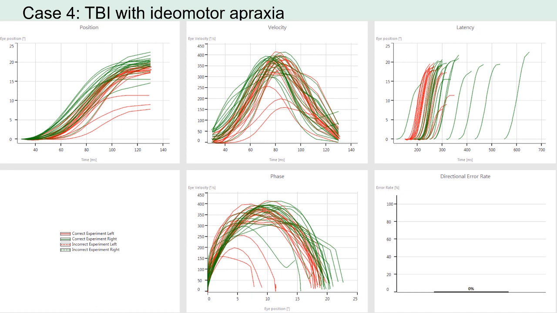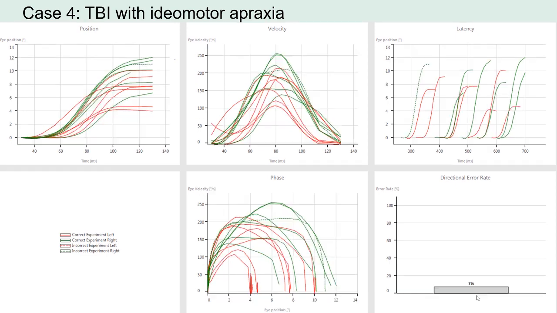The thing that stuck out more than anything was that these are her pro-saccades, and as she's doing these tasks, they initially look pretty good, and she's got a fairly tight latency cluster. However, as the cortical processes, as her executive function pathways start to fail, she starts losing the task, and her latencies get longer and longer, and the farther into the test she was, the worse her latencies were.